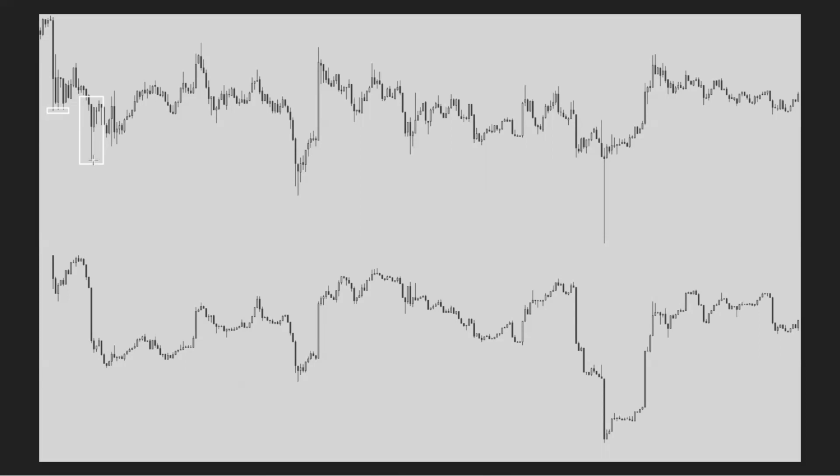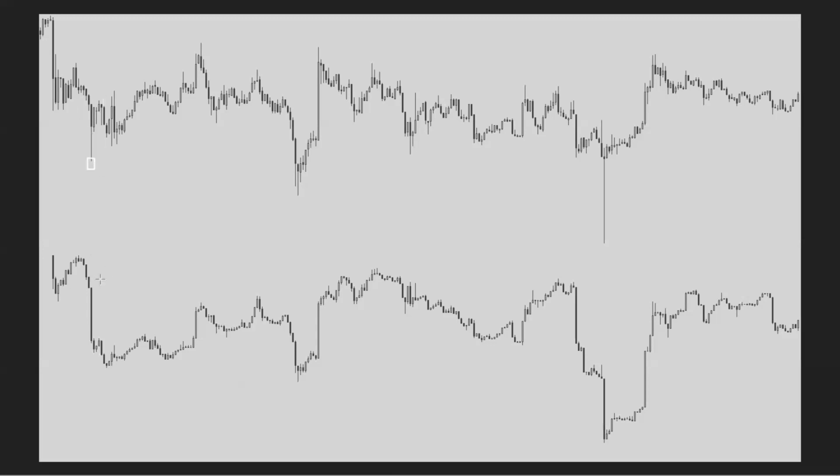But because this is a highly illiquid move, it's weak, in other words, price retraces the entire move in the next candle. It wicks up, and then in the next candle it retraces the entire move, even though in that next candle there was actually more market selling than buying.